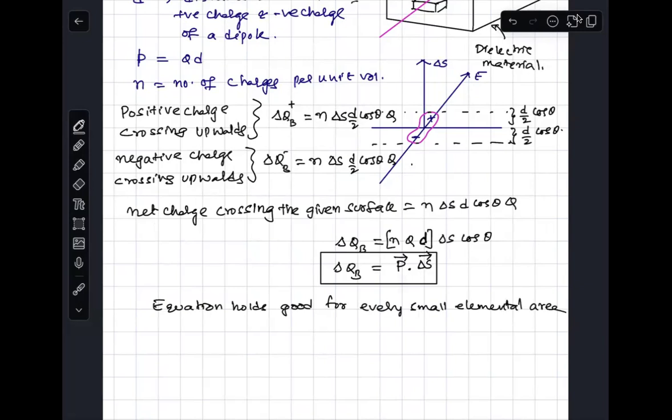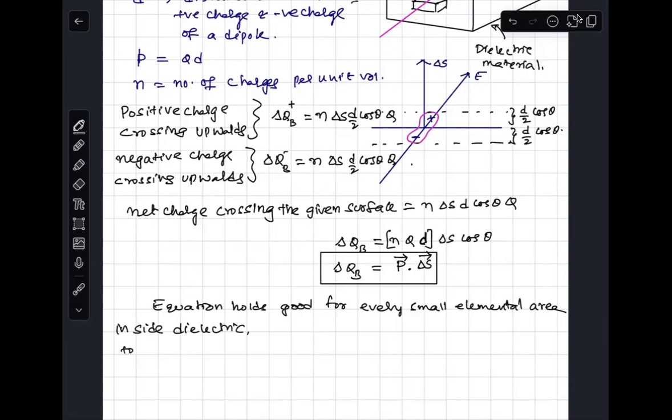Remember, I have selected one elemental area and I have drawn all the observation at one elemental area. Delta S is area. Equation holds good for every small elemental area inside dielectric. Don't forget, we are still taking homogeneous isotropic dielectric. So it holds good inside dielectric.